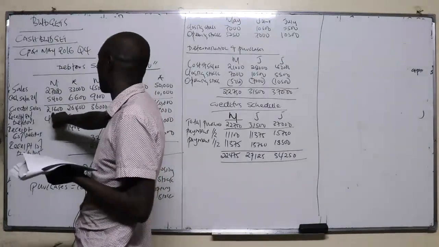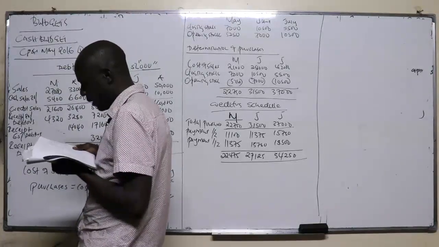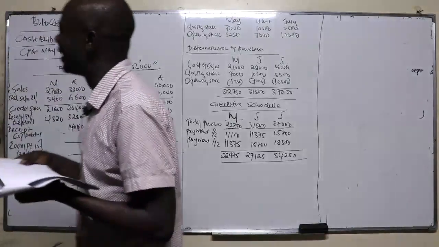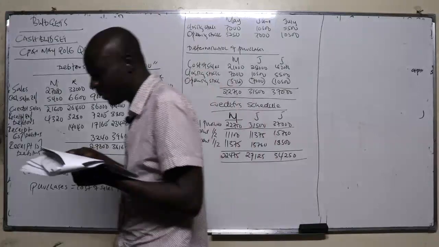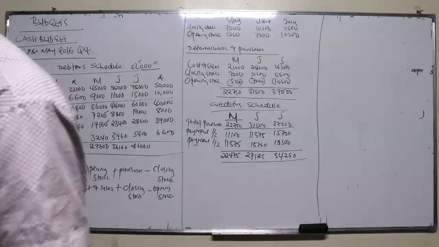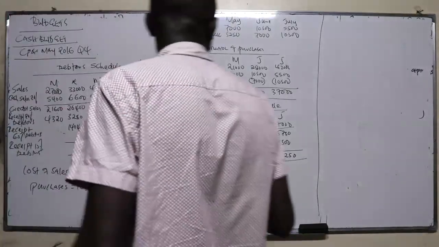And then now this is the credit sale. See, 27, mine is 27. Sales for the month of March is 27 million, isn't it? Is it 27, 37? Even mine. Yes. Yeah.